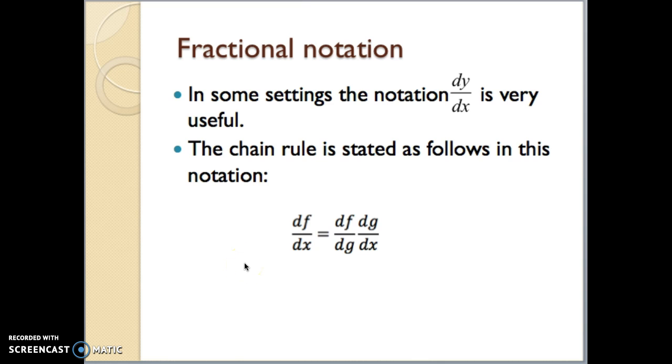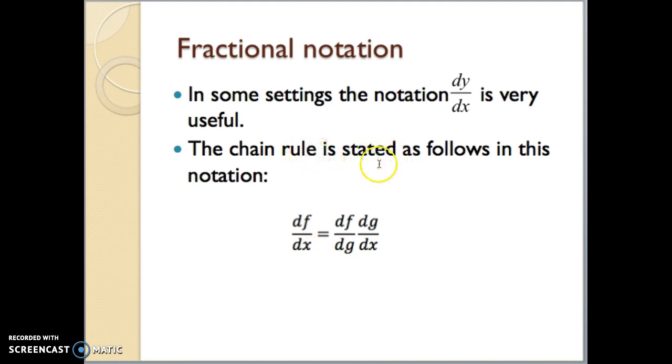Now, the fractional notation. I had mentioned in a previous one before the break that the notation f of x is kind of the British notation, and the Germans under Leibniz had this notation where they have dy dx, or it could be df dx.